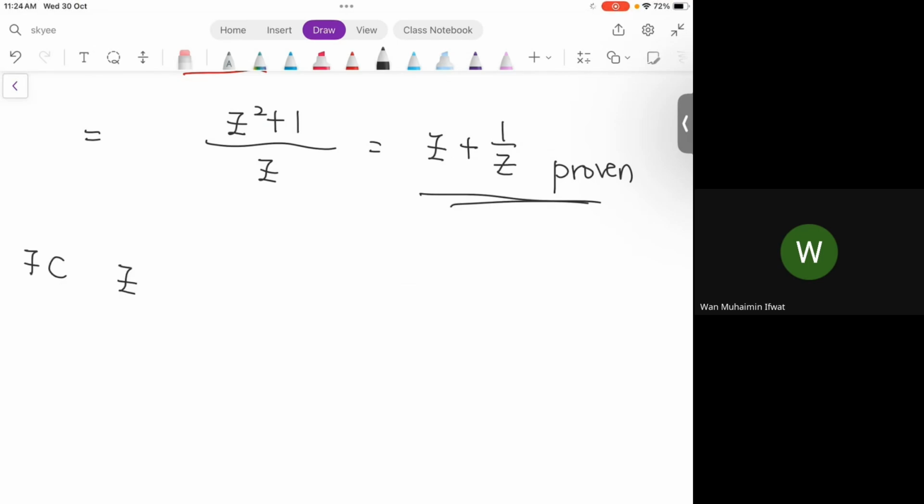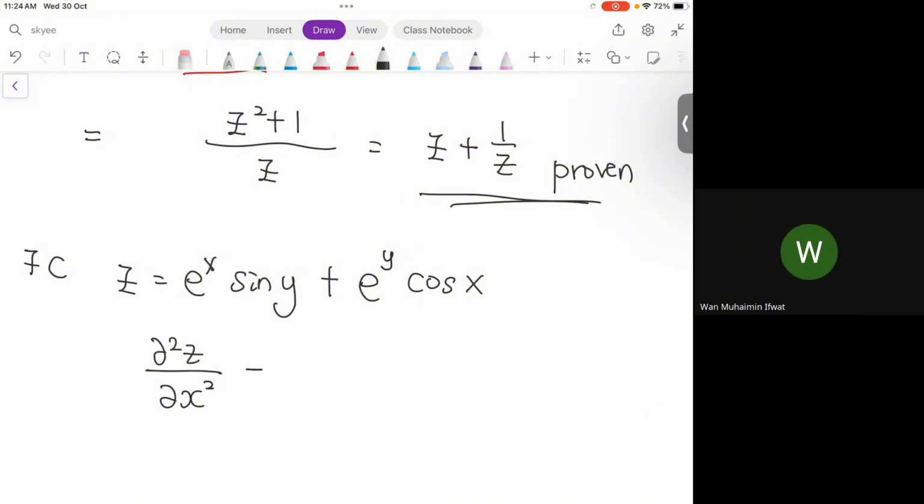So you have z equals e to the x sine y plus e to the y cos x. You have to show that del squared z over del x squared plus del squared z over del y squared equals 0.